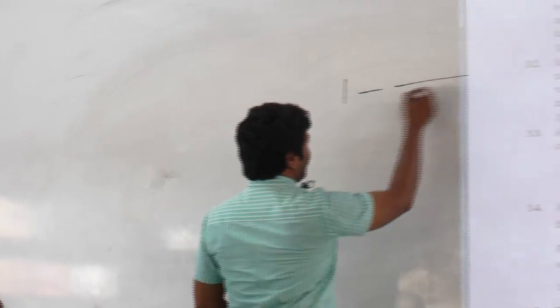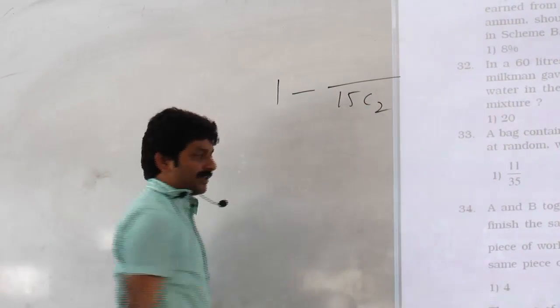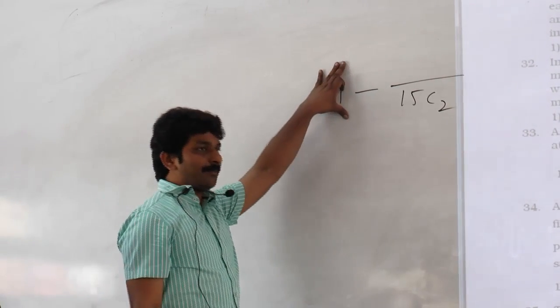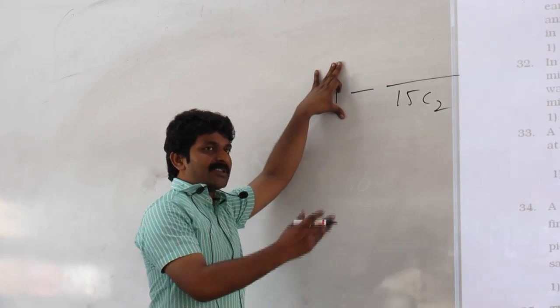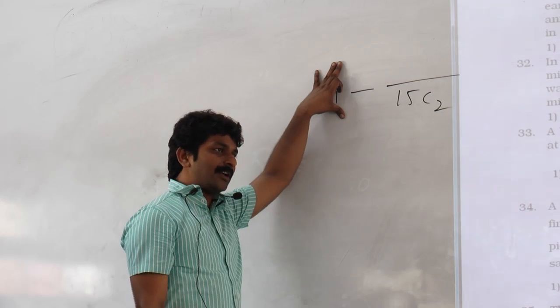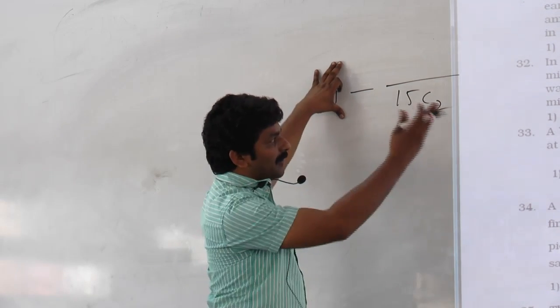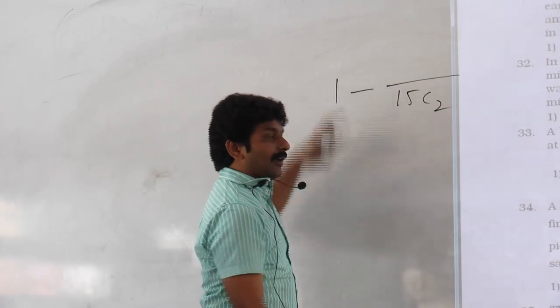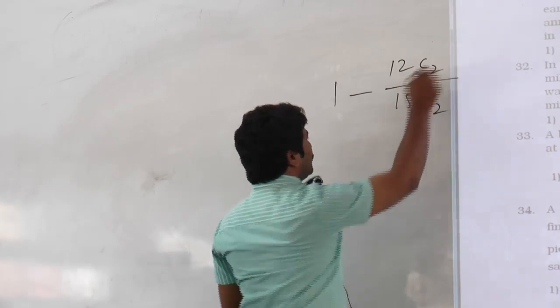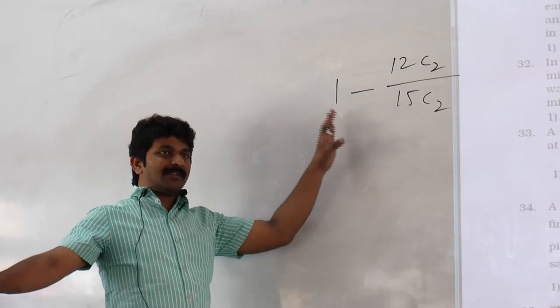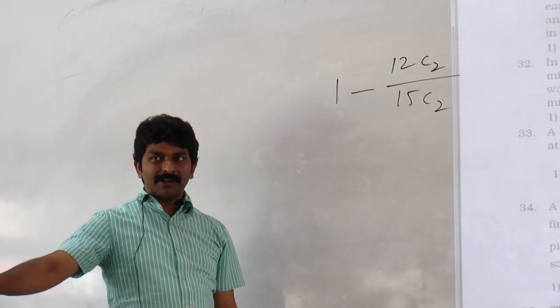So out of 15 balls you need to select 2 balls, which you can do in 15C2 ways. Now this is my total probability. From this I want to subtract the probability of getting no white, in the sense 0 white. How many remaining balls do we have? 12. Out of 12, if you pick any 2, you get the probability of 0 white. 1 minus 0 white will give you at least 1 white ball.